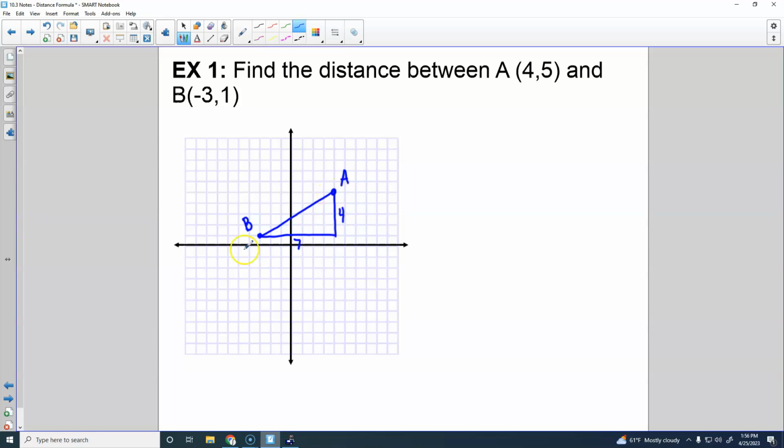So how could we come up with 4 and 7 every time without graphing it? Okay. Be more specific in what that one and the other one are. What do you mean?